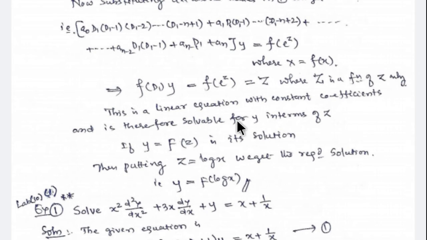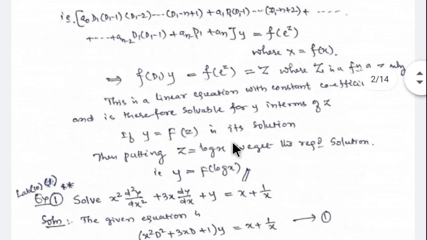So whatever solution you get in terms of z, you get here. If y equal to f of z is its solution, this is not the solution of the given equation, this is the solution of the transformed equation.